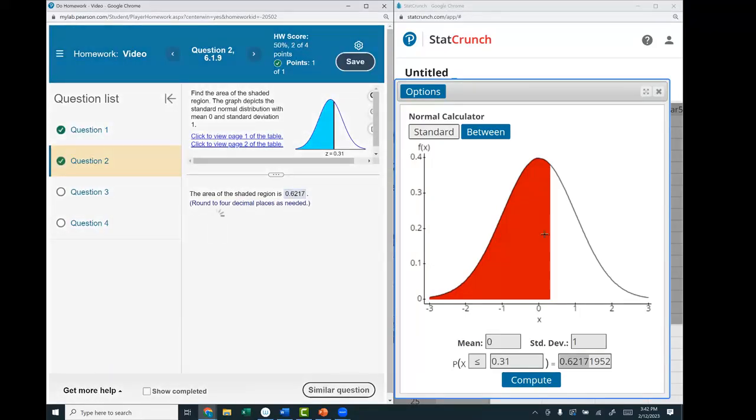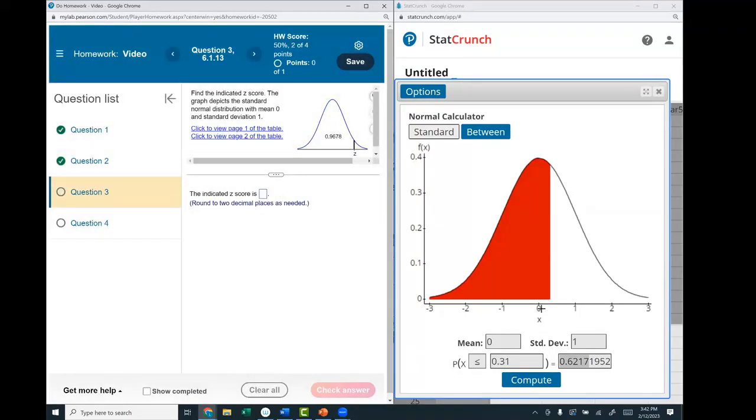Just as a note, the middle here, from 0 to the top, this right here should be a straight line. Everything to this side is 0.5 or 50% of all our data.